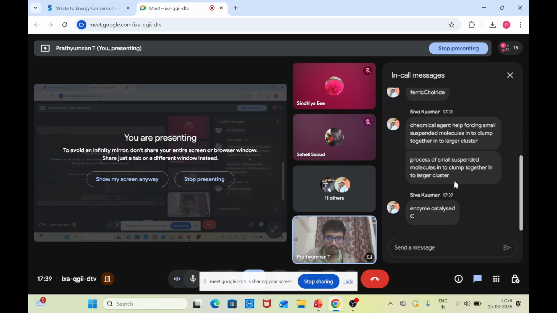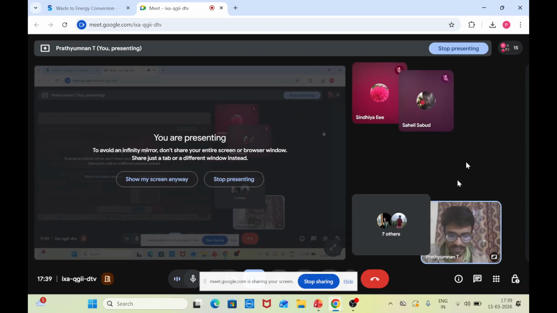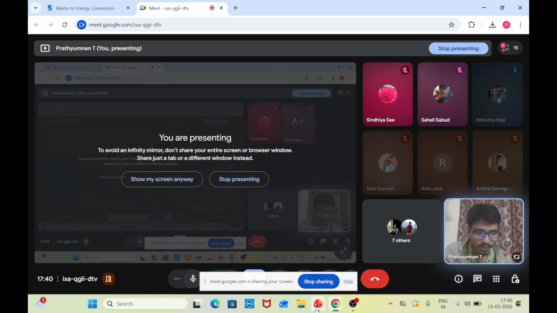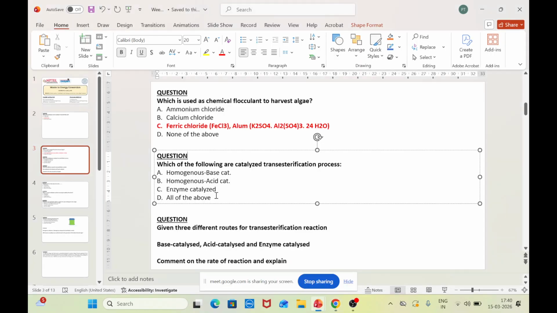For the catalyzed transesterification process, you're saying the answer is C, enzyme catalyst. But what about option A and option B? Are they wrong?